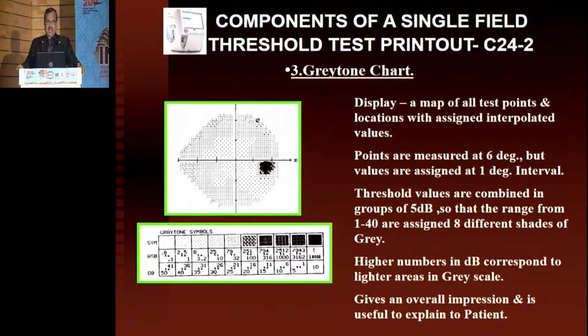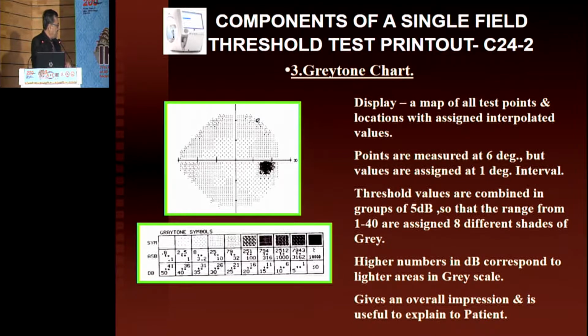The Greytone chart is a display of a map of all test points and locations with assigned interpolated values. Points are measured 6 degrees apart, but the interpolated values are assigned at 1 degree intervals. If you see the printout here, in the olden days, the prototype machines in the late 90s used to carry this grid.